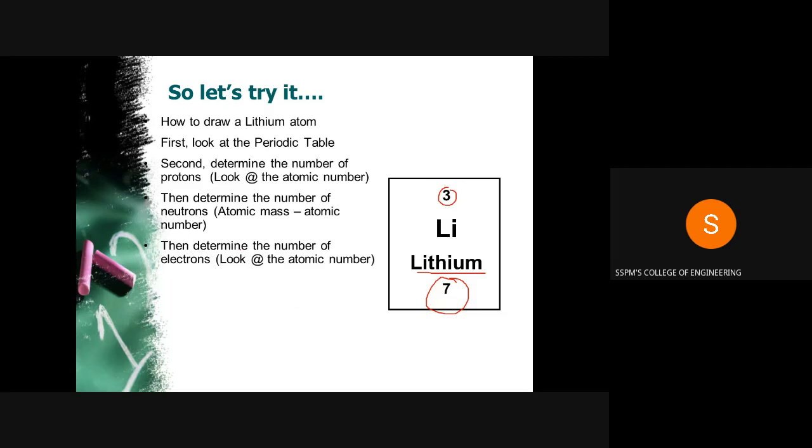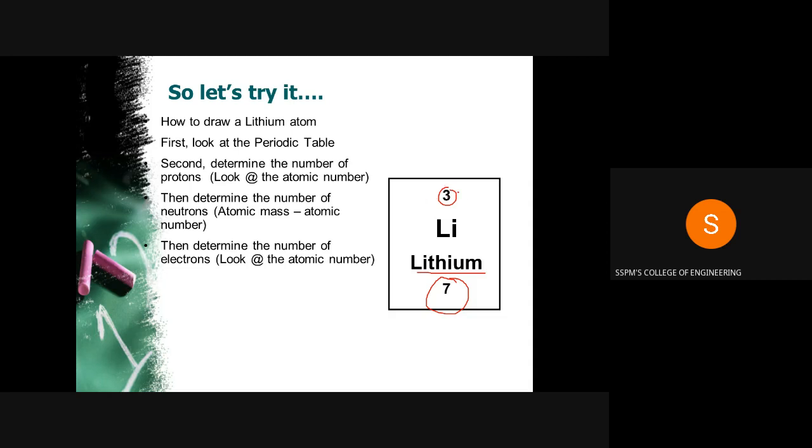So to determine the number of electrons, the number of electrons is equal to the atomic number. Then the atomic mass number contains the number of protons and neutrons. So P plus N is equal to 7, where P is equal to E, which is equal to 3.